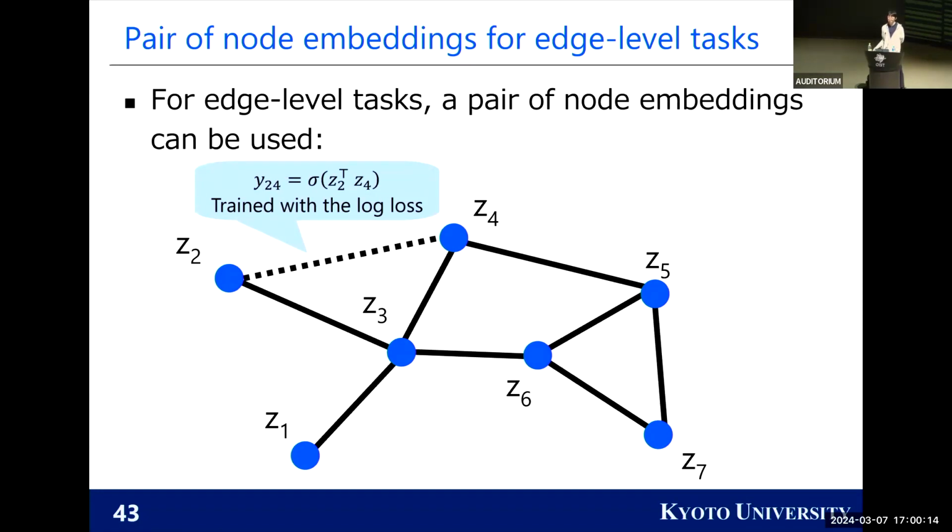You can use log loss or whatever loss you want for binary classification, and train the model end to end using backpropagation. And we can train the link prediction model.